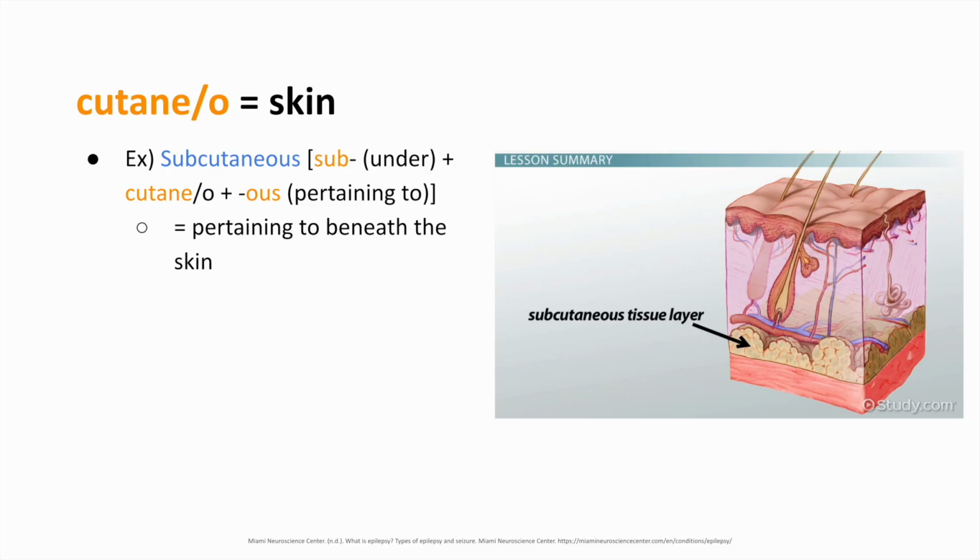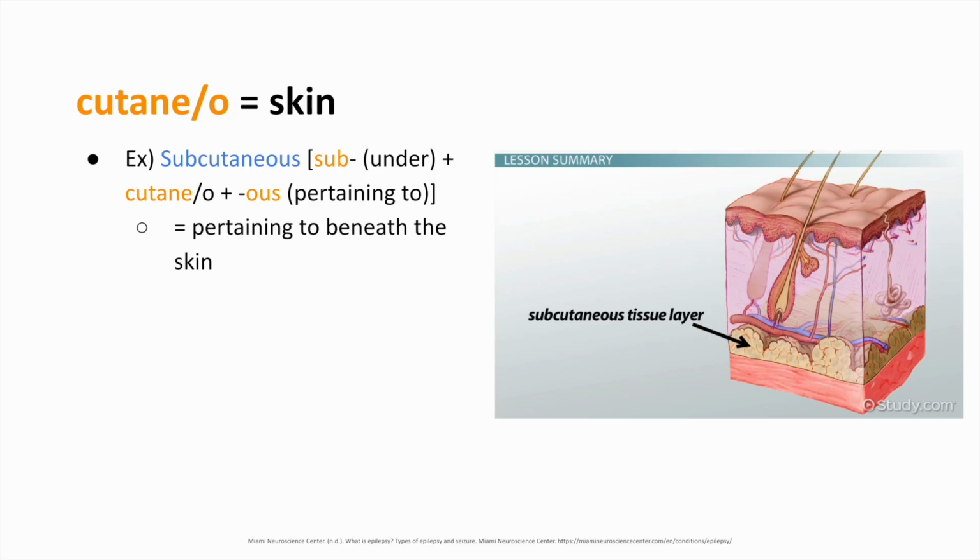So subcutaneous, I think you might have heard this term before. Subcutaneous: sub, prefix that means under something; cutane, skin; and the suffix -ous, pertaining to. So pertaining to beneath the skin. Daniel put it really well with the diagram.